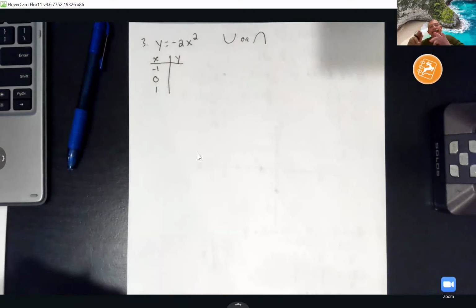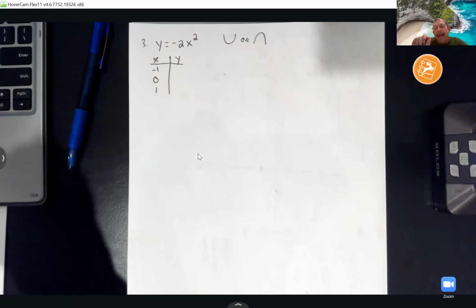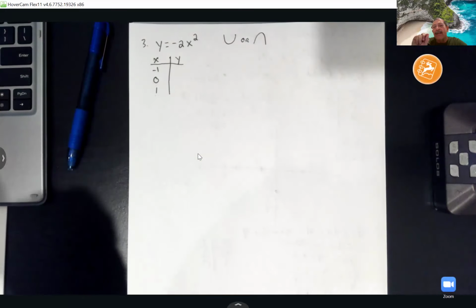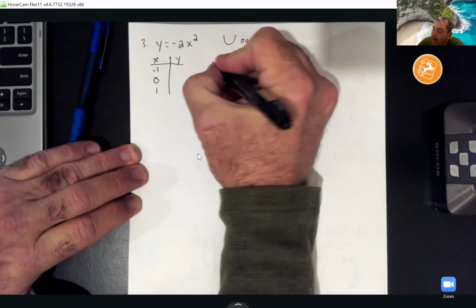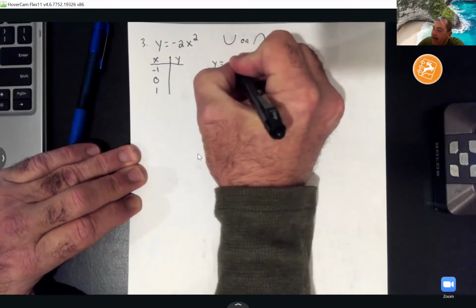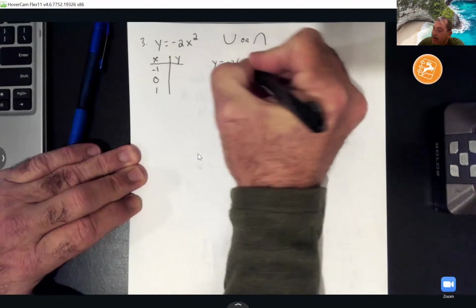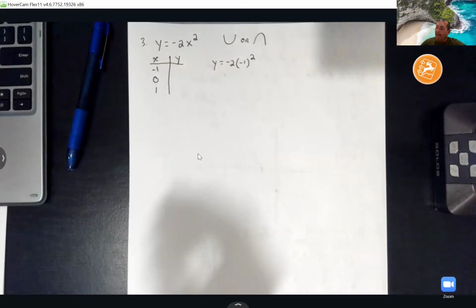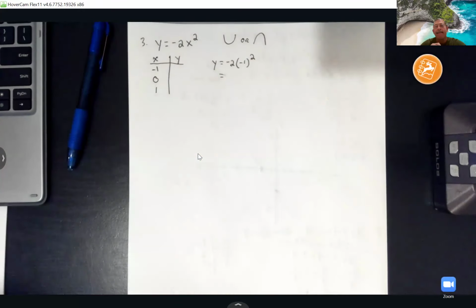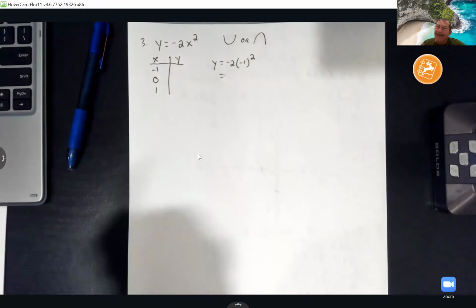So y'all, let me ask you this. If you put a -1 in for that x, what's that going to give us? So let's put that in. We got y equals -2 times -1 squared. So y'all be careful.